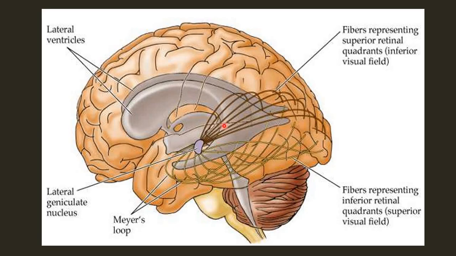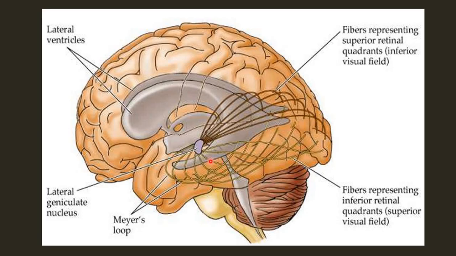As you can see in this image, the fibers of the upper optic radiation directly travel from the lateral geniculate body through the parietal lobe into the occipital lobe and visual cortex, whereas the fibers from the inferior optic radiation form what is called Meyer's loop, which loops around the temporal lobe before reaching the visual cortex.